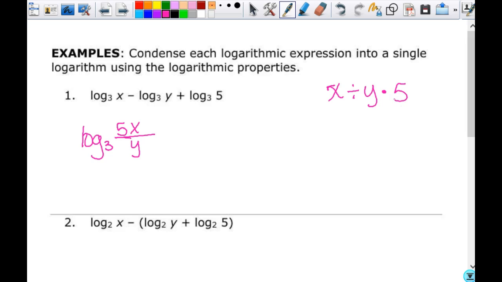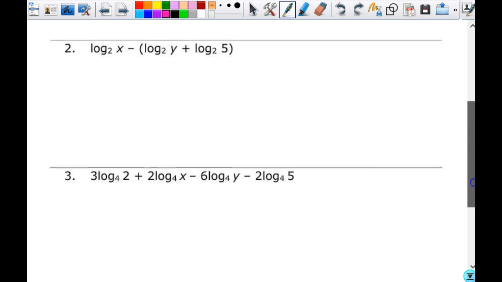So your order of operations says that's x divided by y, times 5. So that becomes your 5x over y. Does that make sense? So without writing all that out, that's just kind of what happens with the order of operations. If you need to write that out to make it make sense to you, that's okay. You just don't need to. Okay. We're good? Yes? All right.